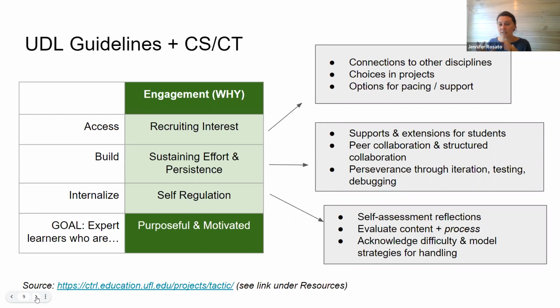There's, in terms of sustaining effort and persistence, a lot of opportunities to provide supports and extensions, like here's an extra challenge that you can add to your project. Why don't you try to make it have a score counter for your game? If you've got the game, characters moving around, let's add one more feature to it. The self-regulation area, being able to have students self-assess and think about process pieces, so not just the content, but also the process.